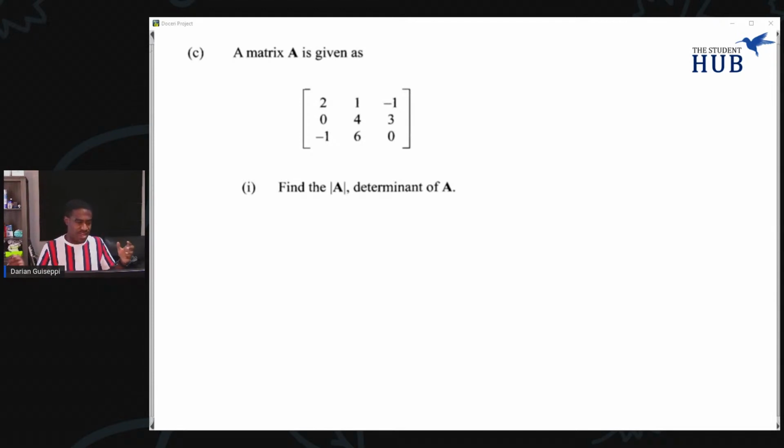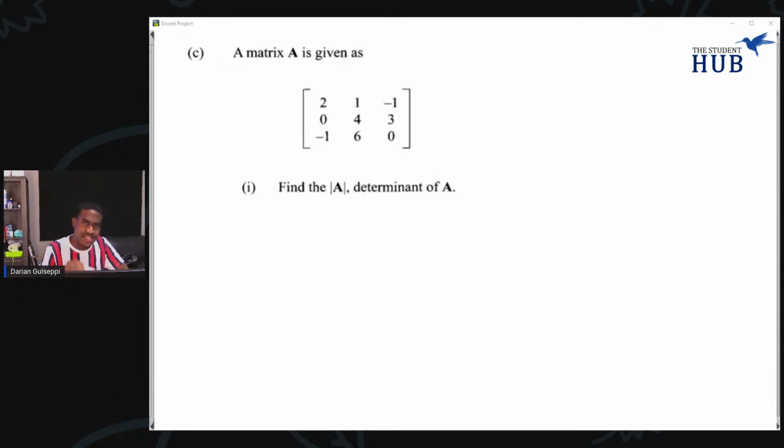So how do we go about finding the determinant of a matrix? This is a 3x3 matrix, by the way, and this is what they're going to test in the exam. For sure, I can tell you they're going to test determinants of 3x3. We're just going to run through it really quickly.